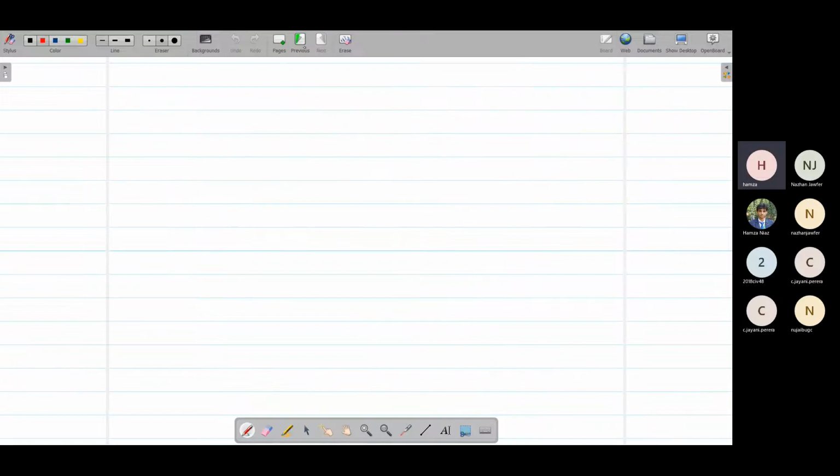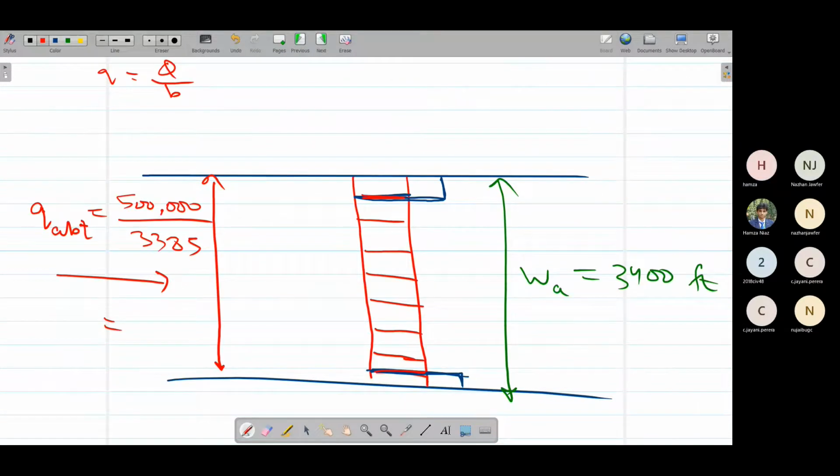So we'll divide it and we'll get 147.7 CFS per foot.